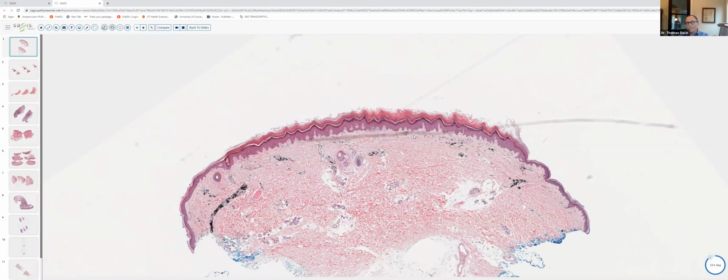And again, this is another biopsy site. But unlike the last specimen we took a look at, beneath or at the base of the previous biopsy site, one can see numerous pigment-laden macrophages.